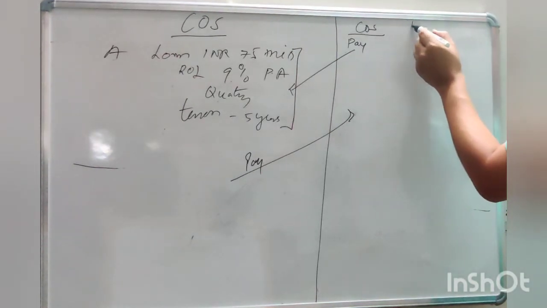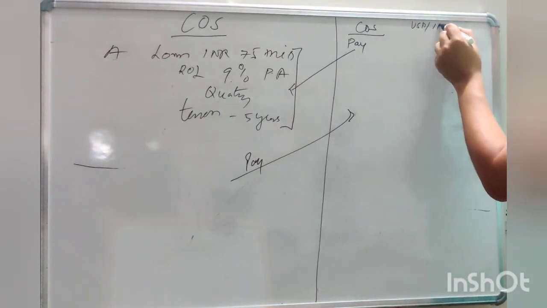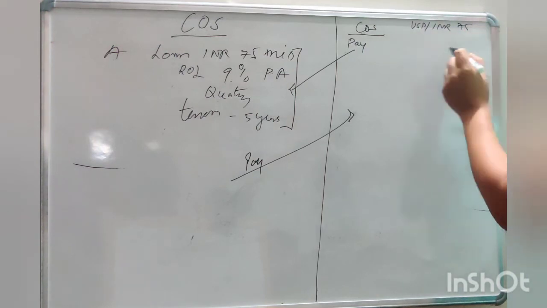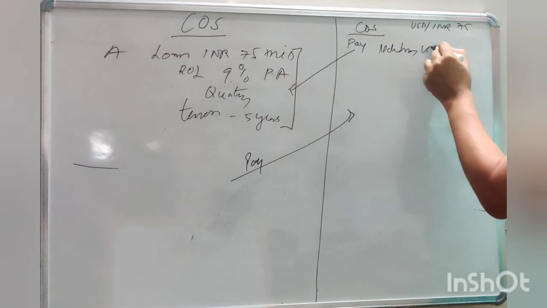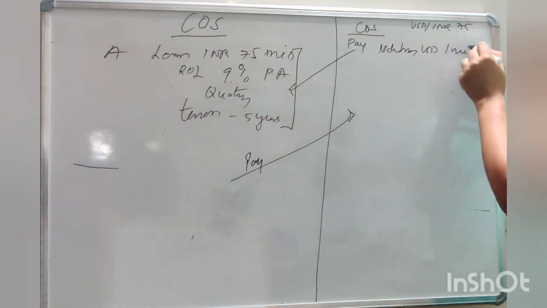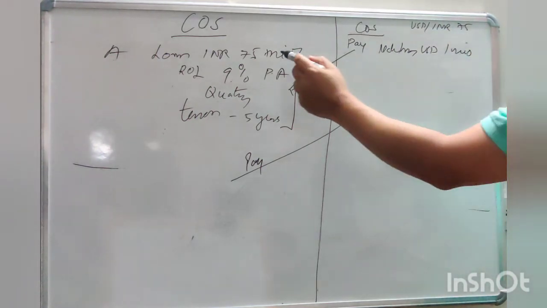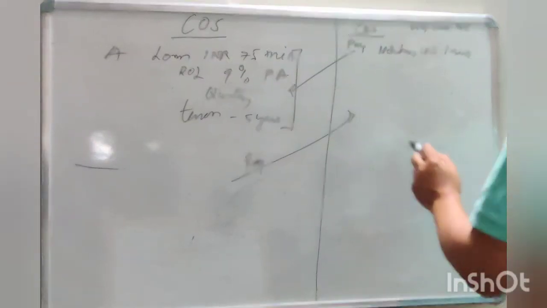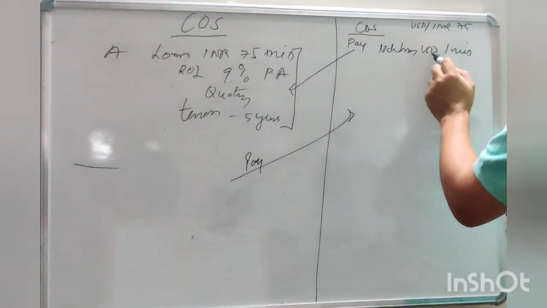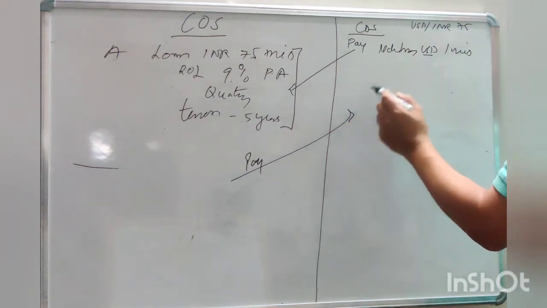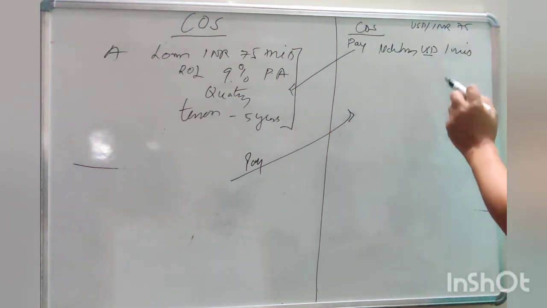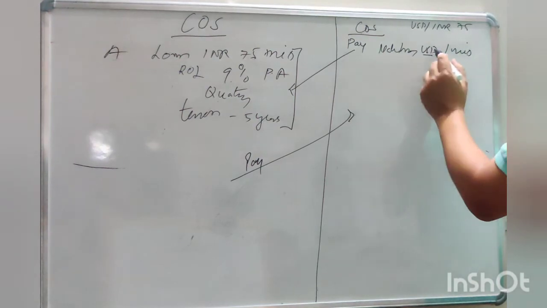Let's say the current USD INR rate is 75. The notional in USD becomes 1 mio, because his INR liability is 75 mio, so it is converted to a USD notional of 1 million, and the swap counterparty will pay to the customer on it.